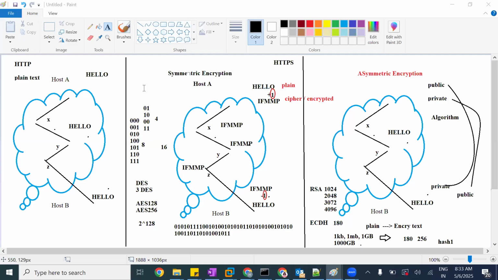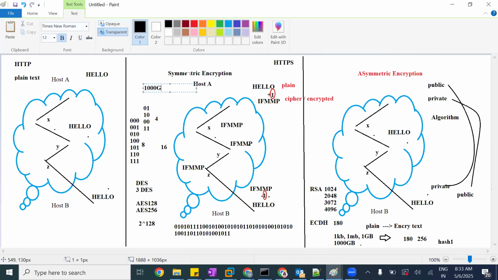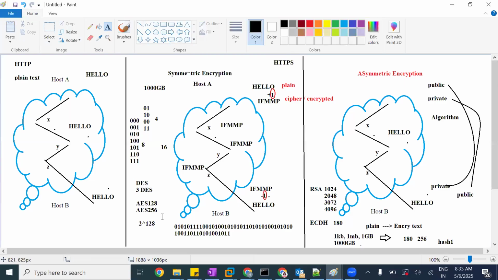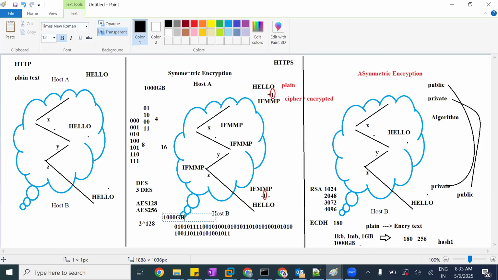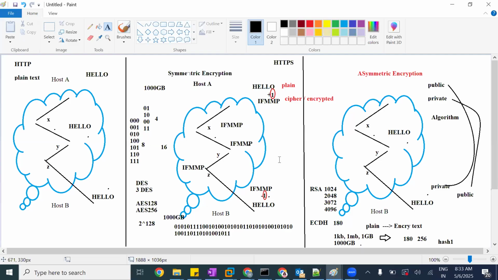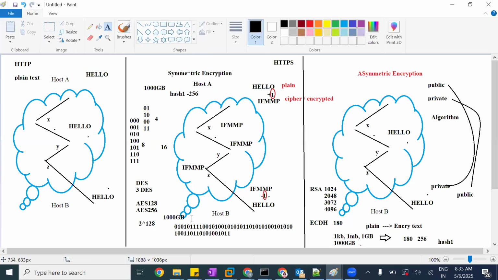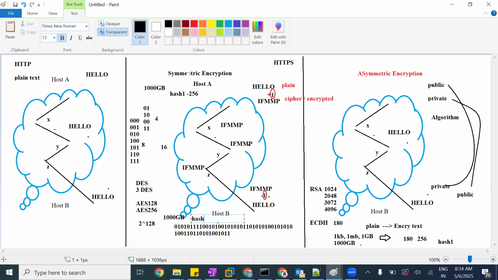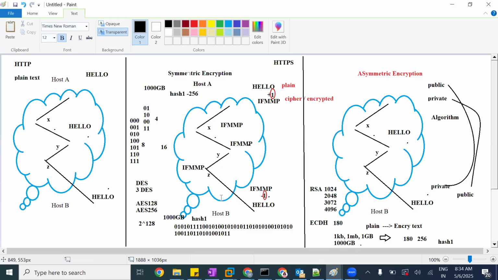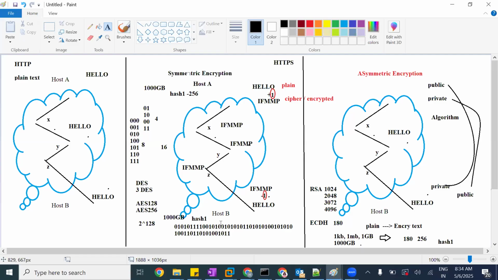Host A is sending 1000 GB of data, and host B is receiving that 1000 GB of data. I want to ensure that this data is not changed in the internet. So along with this 1000 GB of data, I calculate hash one, which is of 256 size, and I send that hash also to host B. Host B receives both data and hash, calculates the hash of the 1000 GB, and checks it against the received hash.